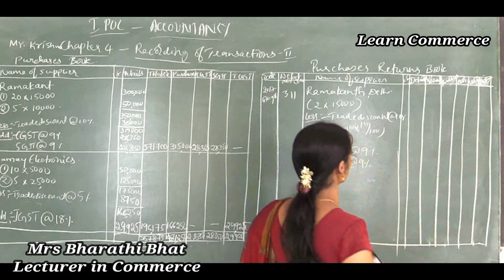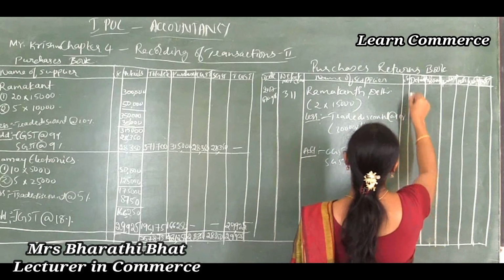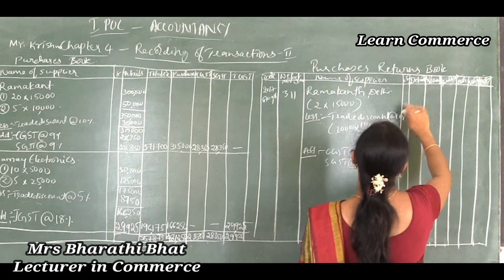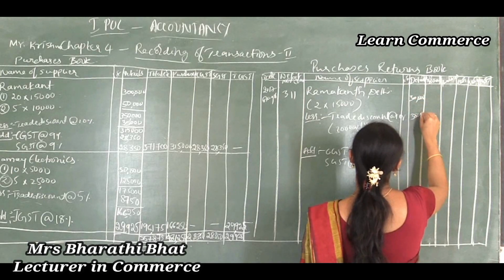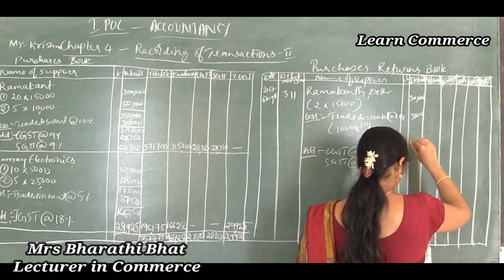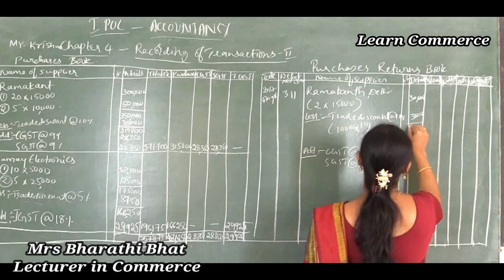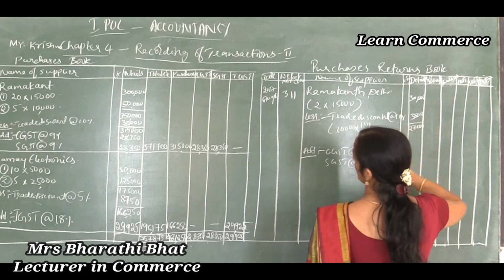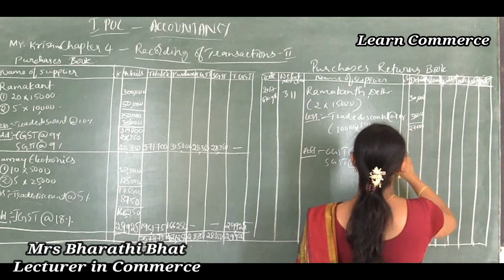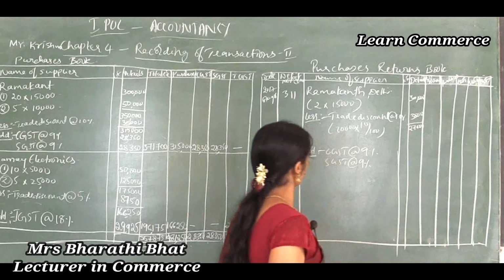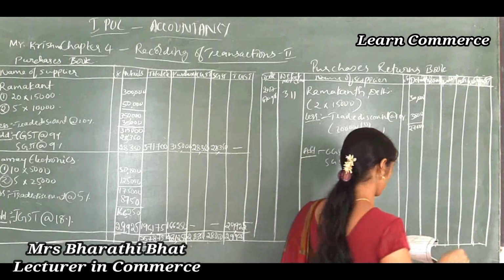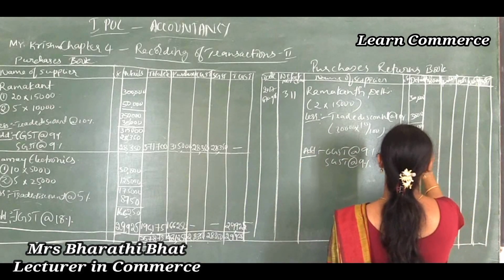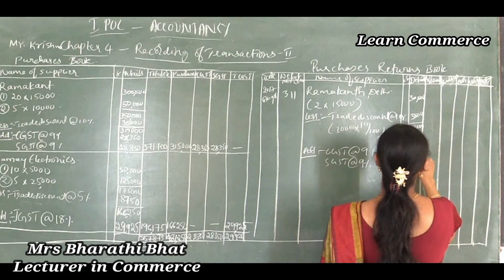Clear? Don't be confused, please. So here 30,000 in this column and 3,000 in this column. So total 27,000. So 27,000 into 9 amount to 2,430 each. 2,430 and 2,430.